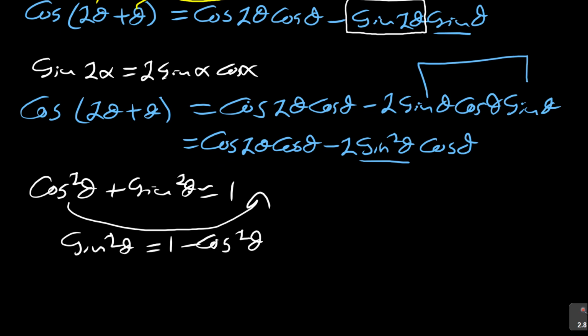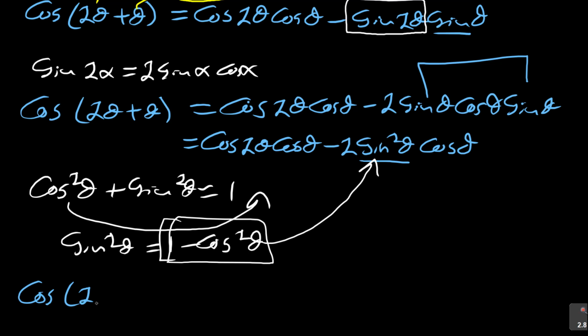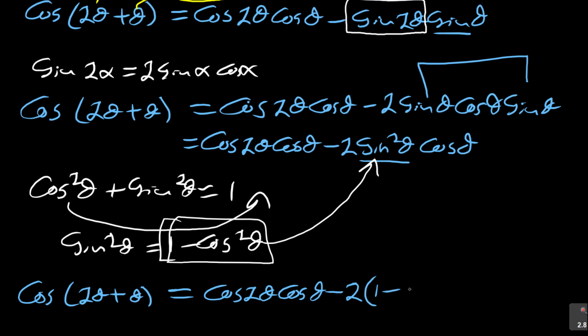Then I can come here and substitute this in there. That's my sine squared. So I will have cos 2 theta plus theta is equal to cos 2 theta cos theta minus 2, be careful of that 2, put a bracket, 1 minus cos squared theta, close it, and then cos theta.